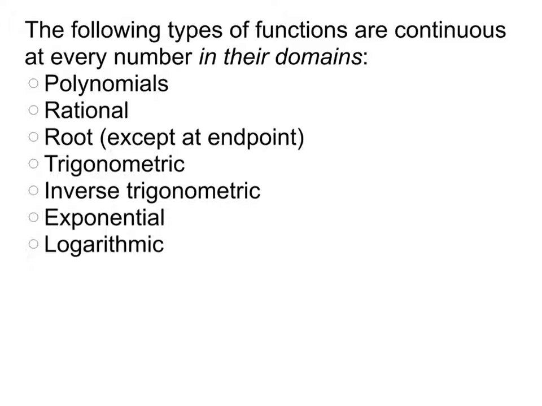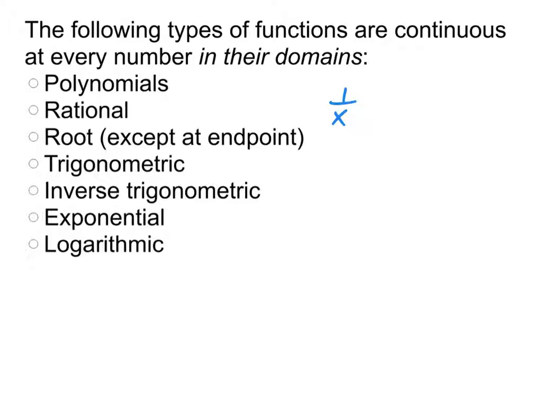By the way, are all rationals continuous? Is a rational expression, or a rational function rather, continuous for every possible x value? No. Since a rational is like an x in a fraction, like 1 over x, is that continuous throughout? No. It has an asymptote.